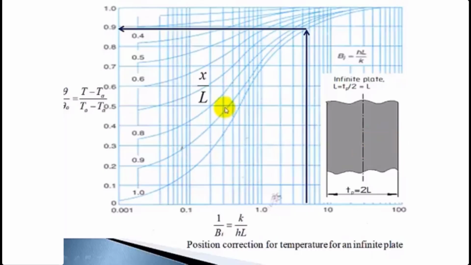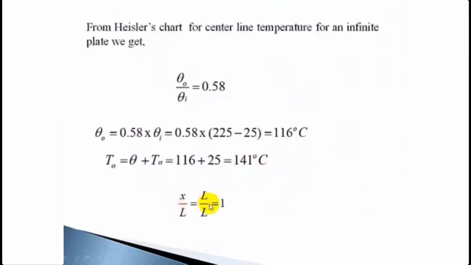Here x is L itself because we require the temperature at the surface. So L by L will give 1. This ratio x by L shows the position with respect to the mid plane.